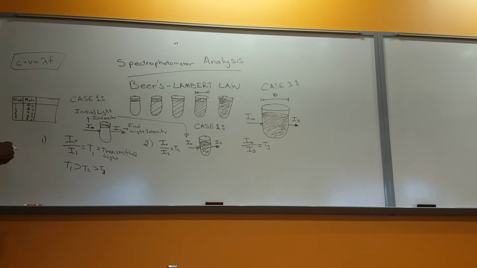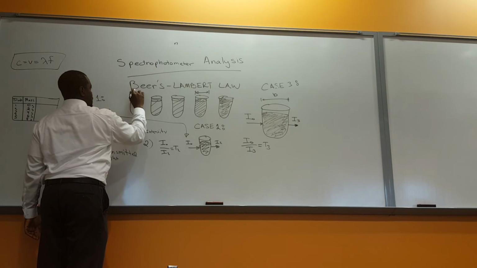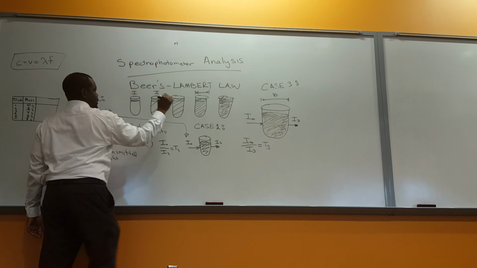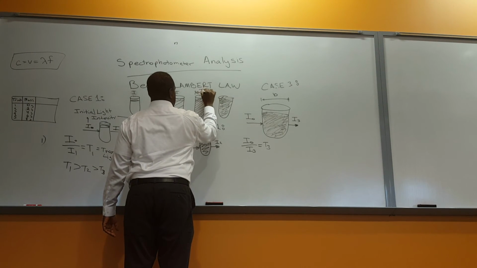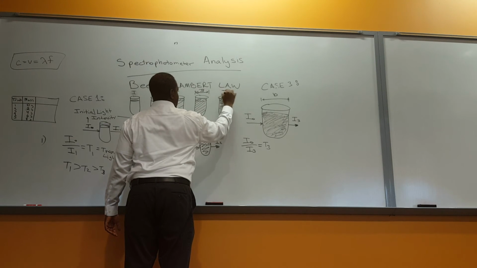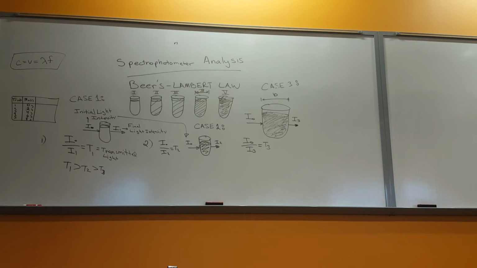Okay. Now, let's not forget, we have 5 data points, right? So this would be 1, well, we use Roman numerals, 1, 2, 3, 4, and 5, right? 5 data points. So remember, what's the equation for a line?